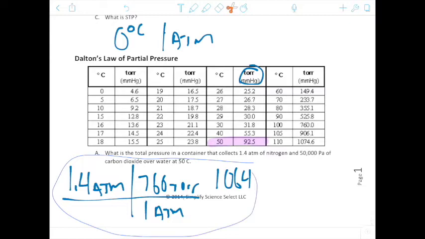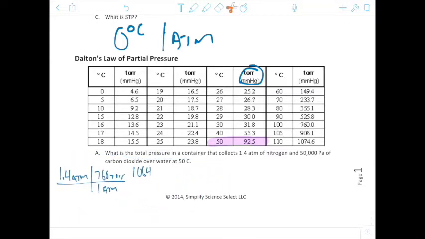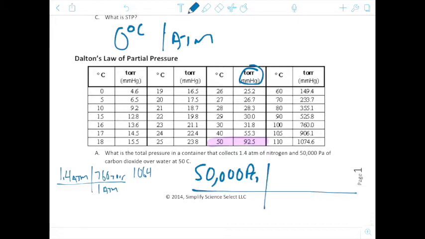And then we would take our 50,000 pascals, and there is 101,325 pascals in 760 torr.